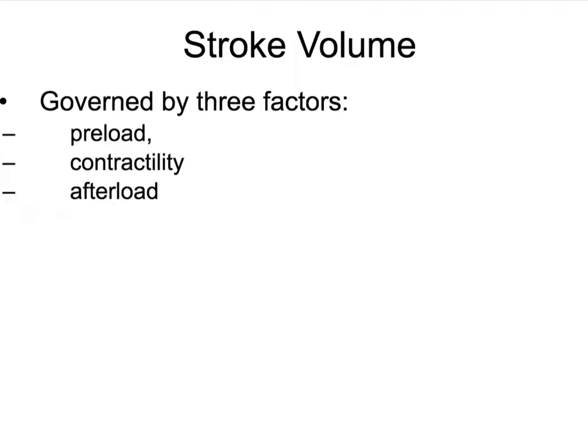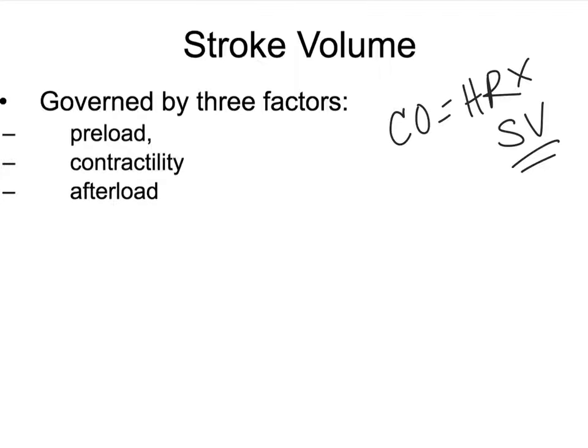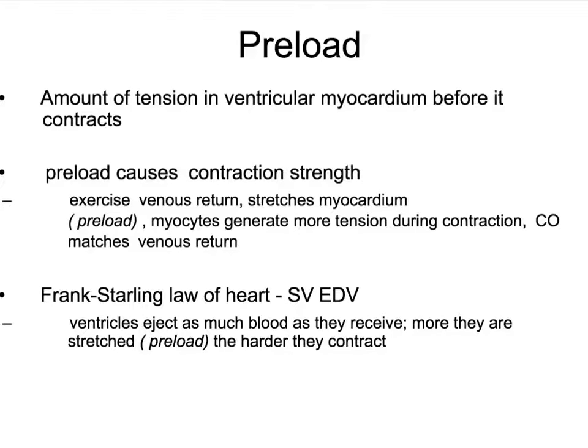Okay, now, remember CO equals HR times SV. SV is stroke volume. So we have to discuss what kind of factors influence stroke volume. We're going to talk about preload, contractility, and afterload. Preload is how much tension is in the ventricle muscle before it contracts.